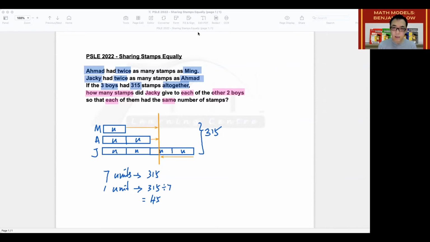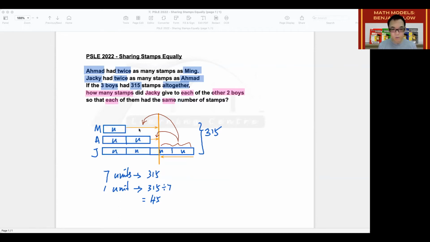Jackie's amount over here must be shared to this part and this part. That's just the understanding. So we need to find out how much each of them should have in the end. Ming in the end should be this much, Ahmad in the end should be this much, and Jackie in the end should be this much, because they have the same number in the end.